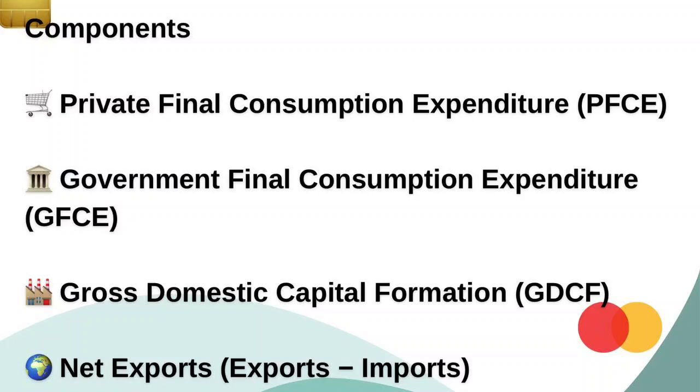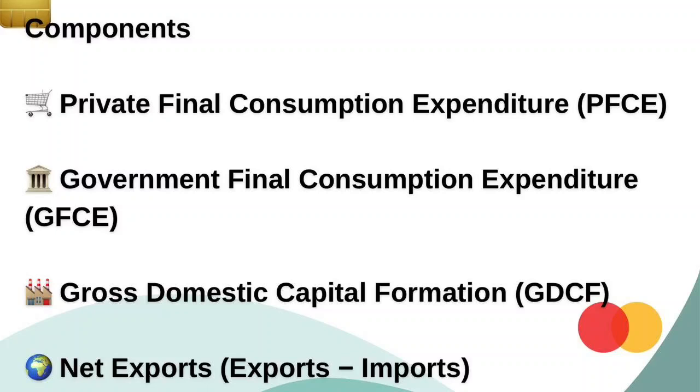This is government spending on services that benefit society such as education, healthcare, police, defense and public administration. Third, gross domestic capital formation or GDCF. This means investment in creating productive assets. For example, a company buys new machinery, builds a factory or increases its inventory. These investments help increase future production.